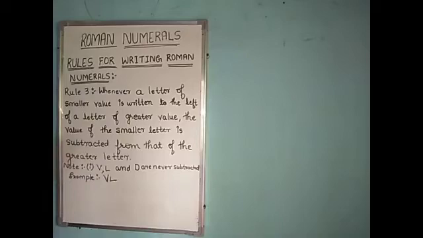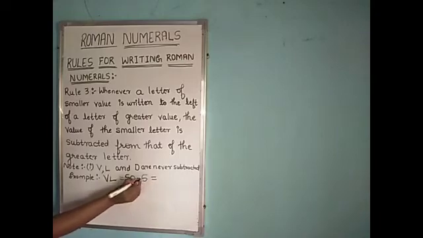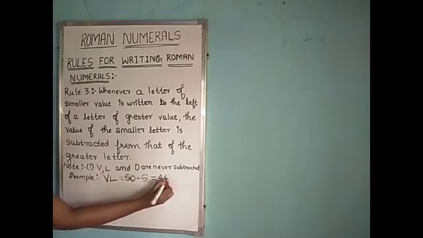So what is the numeric value of L? The numeric value of L is 50 and the numeric value of V is 5. So what we have to do? We have to subtract 5 from 50. 50 minus 5 is equal to 45.